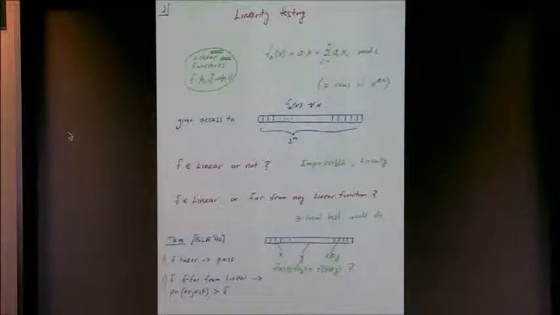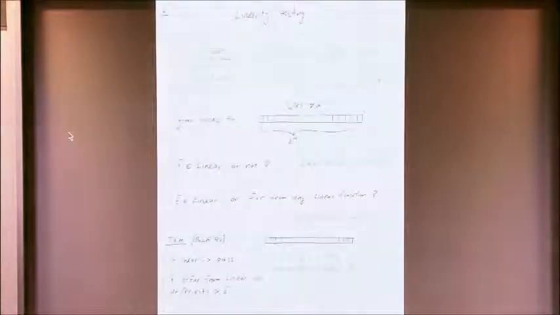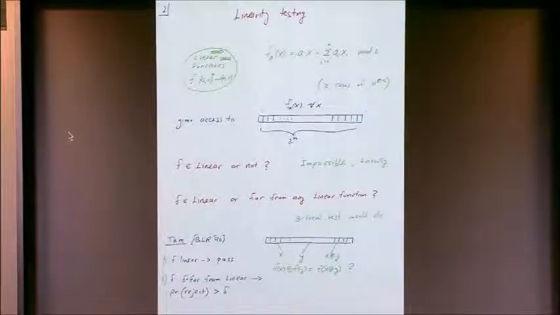Now suppose this is the property. I'm given a string like this, and I just want to ask whether this string has the property that it is the table of a linear function. Of course I cannot answer this question by just probing a constant number of bits, because I can take a linear function and change it by 1 bit, and it will not be a linear function, but I will not be able to detect it randomly by picking a small number of bits.